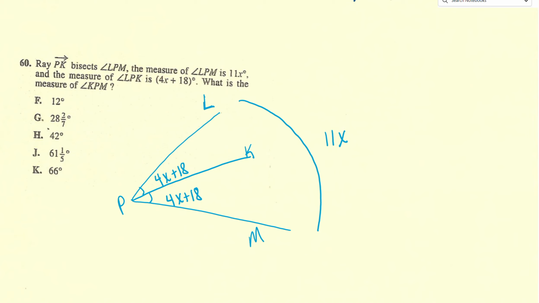And then you just have an equation to set up. 4x plus 18 plus another 4x plus 18 is equal to 11x. Put your like terms together. 4x's plus 4x's is 8x's. Plus 18 plus 18 is going to be 36 is equal to 11x.